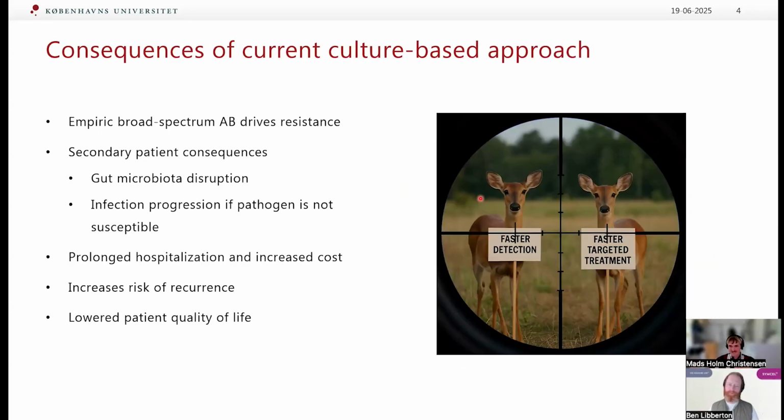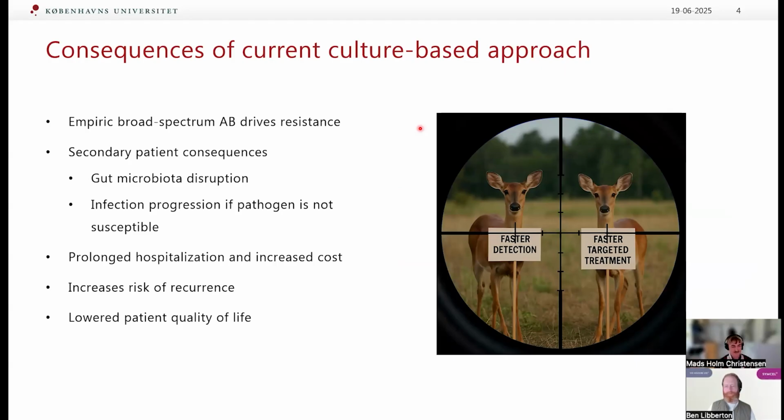Yes. So very often the patient will be given empiric broad-spectrum antibiotics just as a precaution, but this can have consequences for the patient in terms of gut microbiota disruption, and also this can drive resistance development in the bacteria.